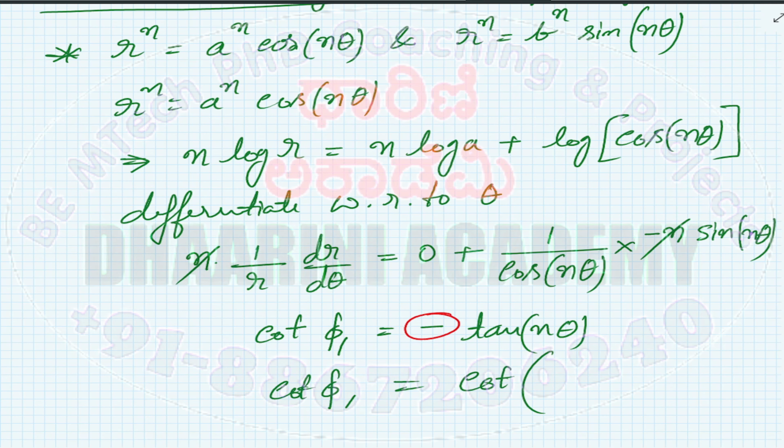In the first quadrant it is positive, in the second quadrant it is negative, so it has to be the second quadrant. In the second quadrant, cot and tan are equal only if it is 90 plus something. 90 plus or minus is fine, but 90 minus is not possible. 90 minus means it is the first quadrant which is positive, but it is negative now. So this has to be 90, that is pi by 2 plus n theta.